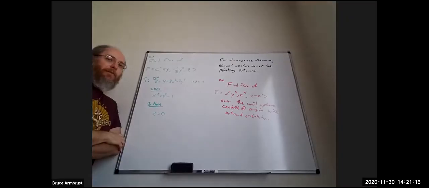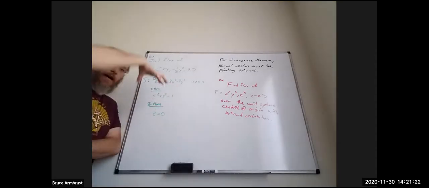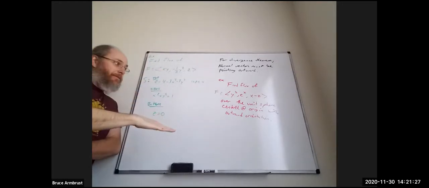Is that a paraboloid? It is. It's an elliptic paraboloid, so it's a bowl. It's just upside down because of the minuses. Okay, so the top is a bowl, the side is a cylinder, and then the bottom is a plane.